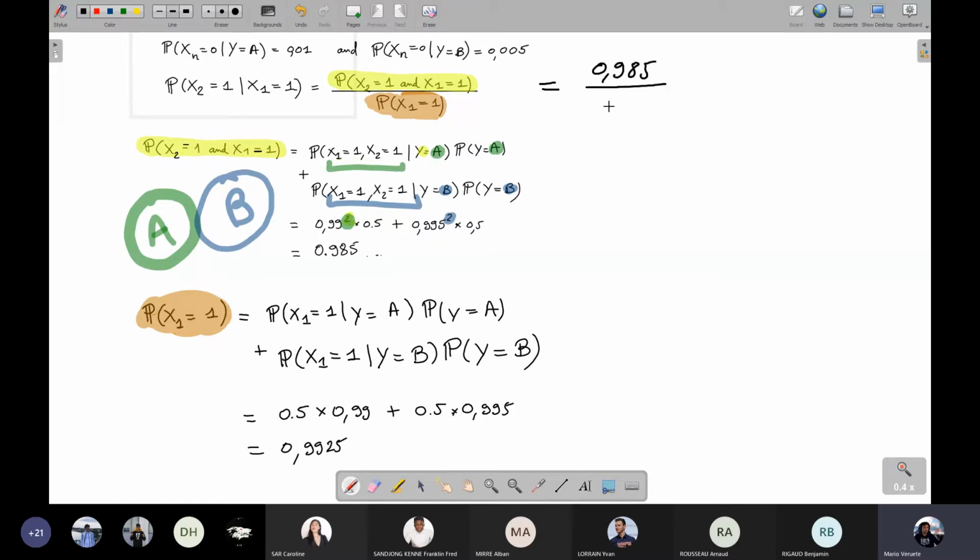So finally, you can come back here and you get 0.985 divided by 0.9925. That thing divided by that thing is equal to 0.992506 if you want to be very precise.